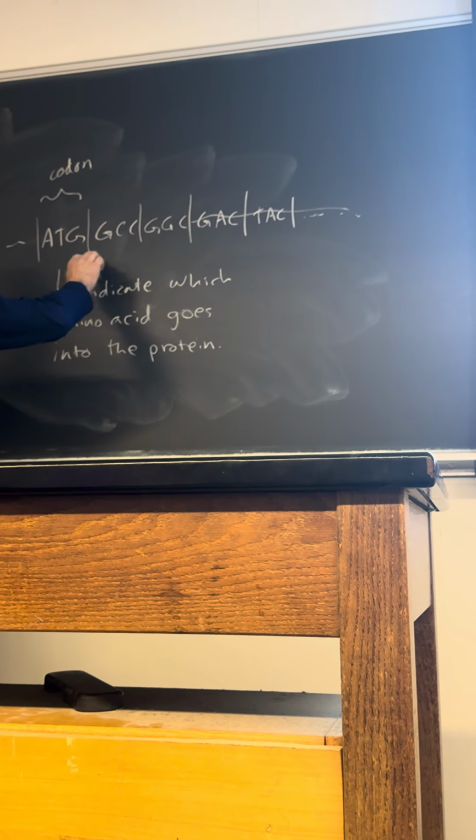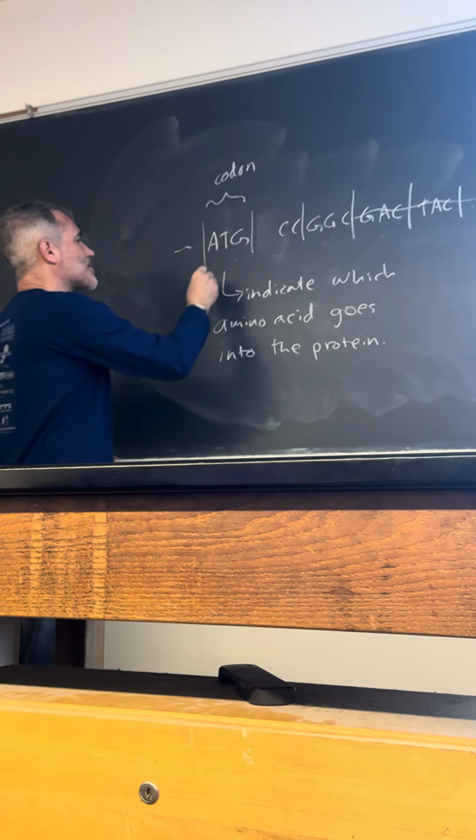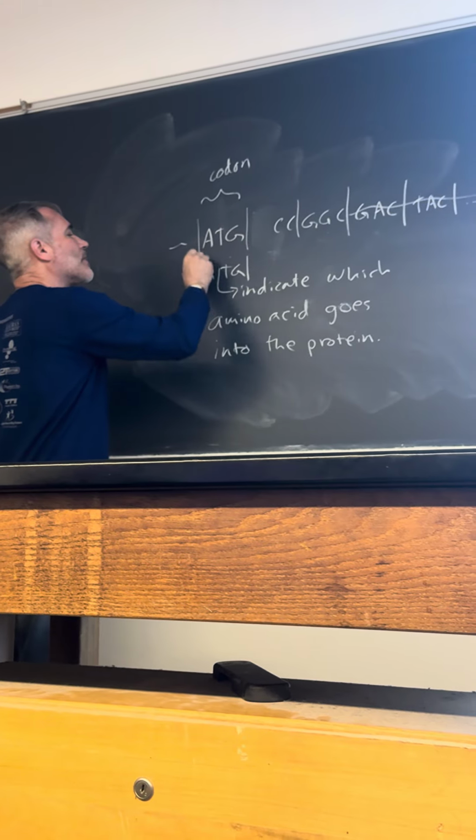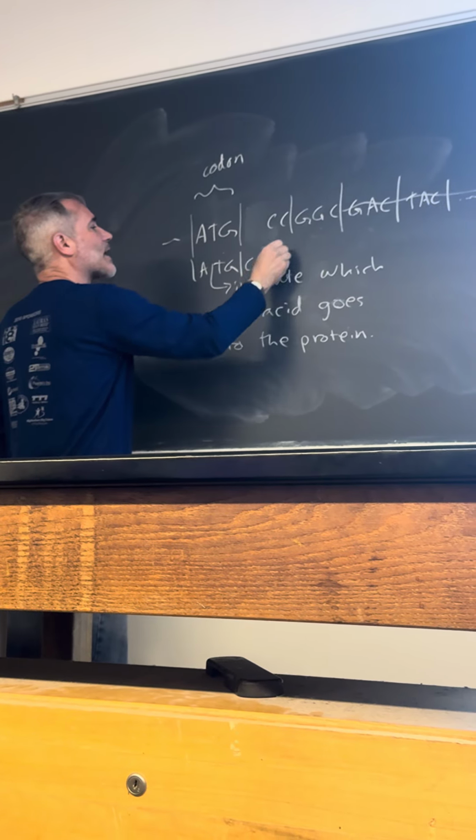So if we had this encoding these specific amino acids corresponding to GCC, GGC, GAC, etc., what if we lost a nucleotide? If that happened because of a mutation, now our code would look like this. This would have to shift over there. This would have to shift over. This would have to shift over, and so forth. So these two codes no longer encode the same protein, not at all.